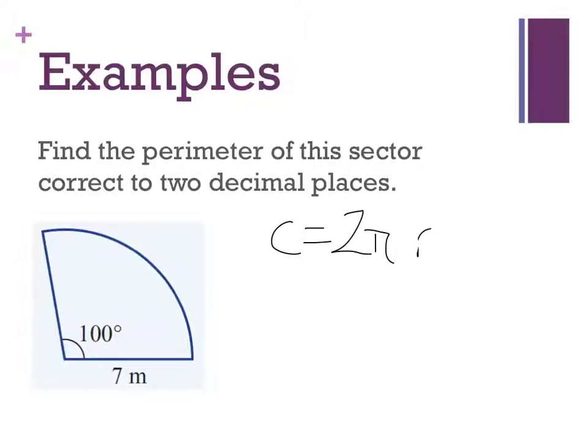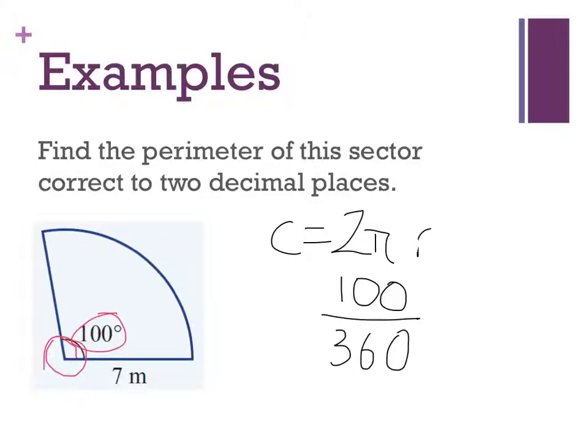What does it tell me? It tells me I've got 100 degrees here. If it's 100 degrees in there, how much would it be the whole way around? The whole way around will be 360, so I have 100 degrees of 360, times 2 times pi times, what's my radius? 7.